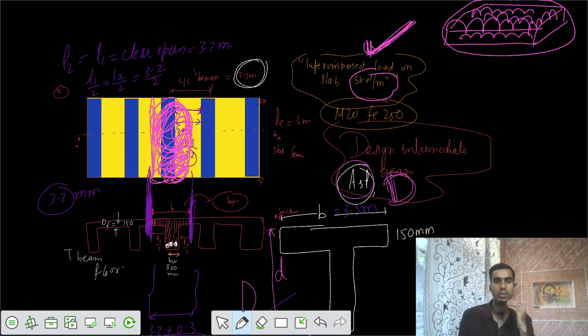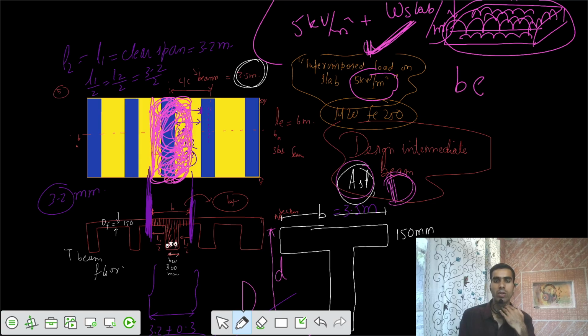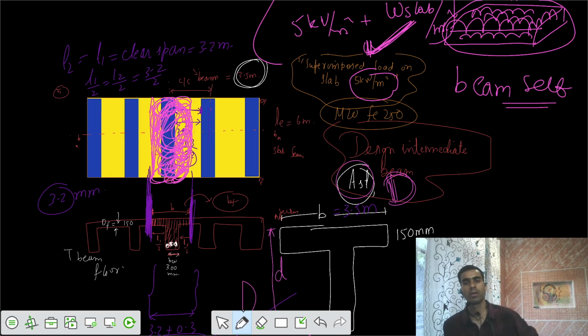This is the total area of the slab that is contributing this imposed load of 5 kilonewton per meter square. And one more intensity is there, the self weight of the slab per meter square. So these two loads are applied on the beam, and the beam also has some self weight. So we have 3 different loads here, and we need to calculate 3 different loads for this beam.